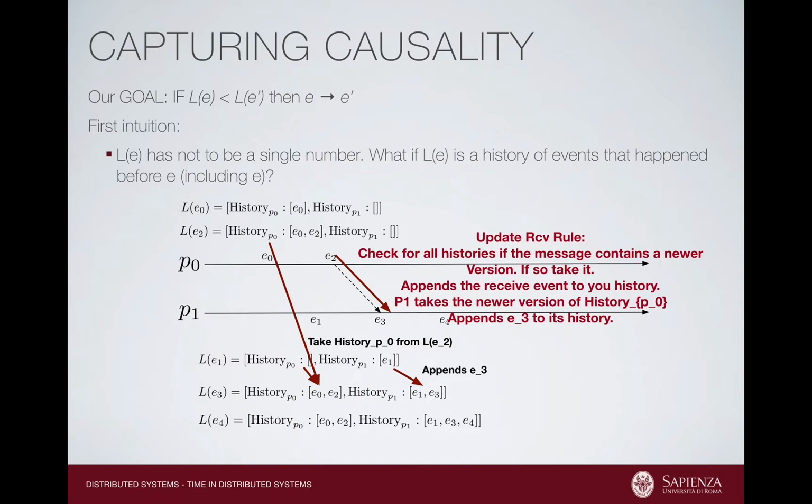The history for process P0 on event E1 that happened on process P1 is just the empty list. So the newer version is E0, E2, and you substitute it in your timestamp. So we create the timestamp of E3 that will contain the history of P0 from E2 plus the history of P1 from E1, in which we append the receive event E3. And so in this way we are creating these timestamps in a distributed way.